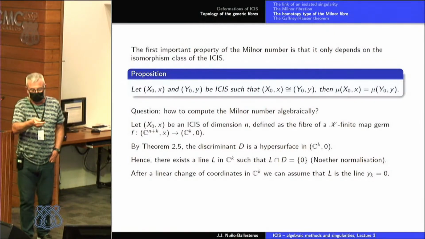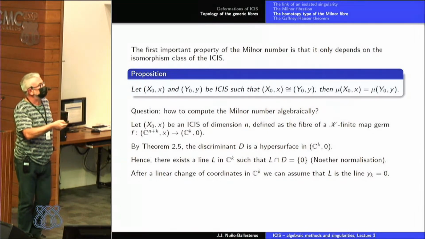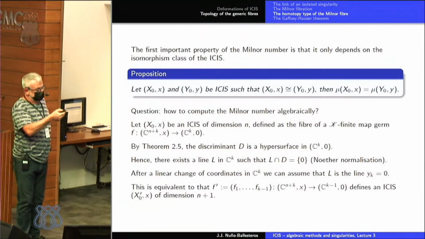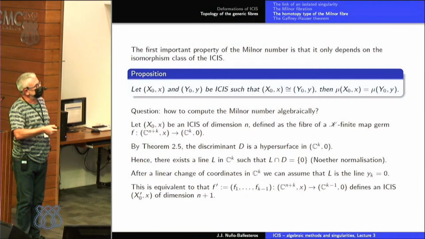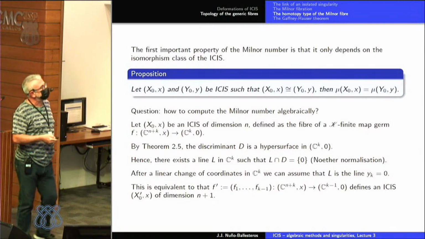We can choose linear coordinates in such a way. But this is equivalent to saying that the map F prime, given by the first k minus 1 components, defines an ICIS X prime 0 of dimension n plus 1. This is because the only critical point that you will have in the discriminant is given by this intersection, which is the origin. Okay.